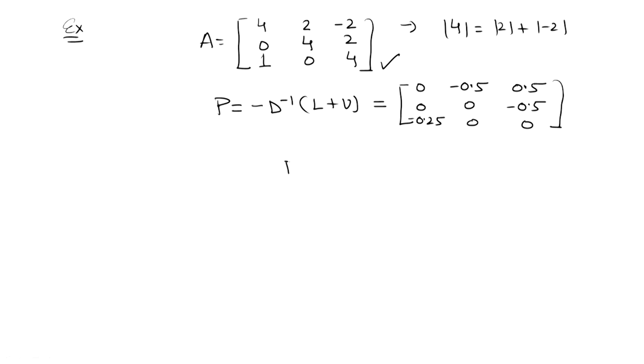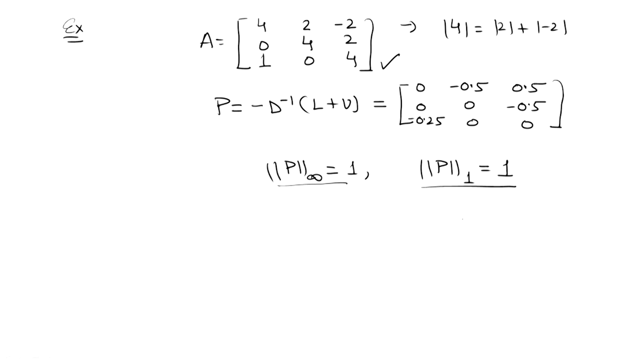If I calculate this norm, it comes out to be 1, and if I calculate this other norm, this is also 1. So, not diagonally dominant, this norm is 1, this norm is 1.